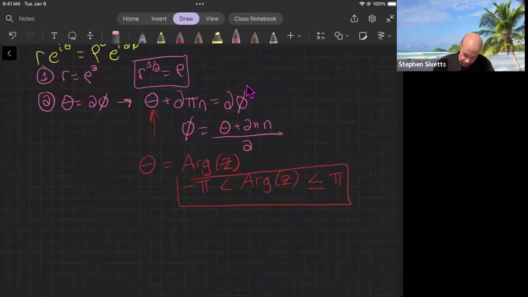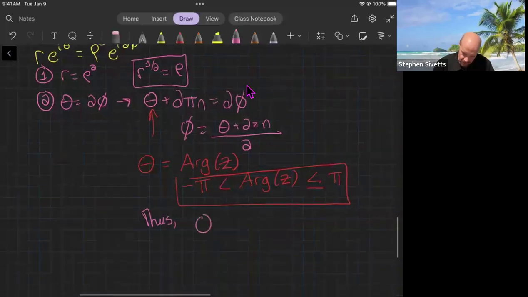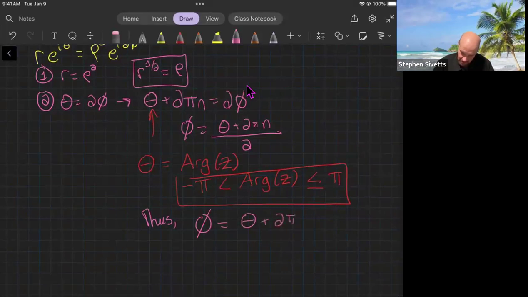Therefore, just restrict phi: phi is equal to theta plus 2 pi, not times n, over 2, where theta is the principal argument of z.